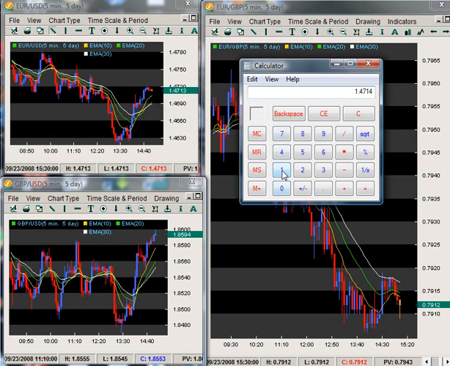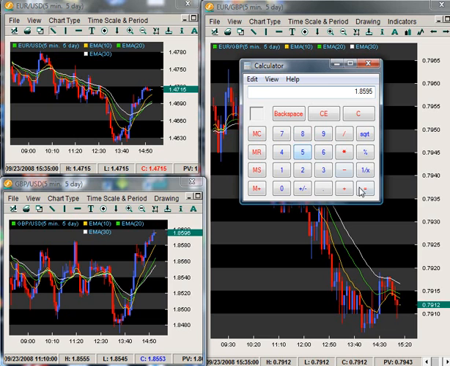And right now it's trading at 1.8595. Look at that. Bottom left corner. Euro sterling cross rate is 79.12, 79.13.